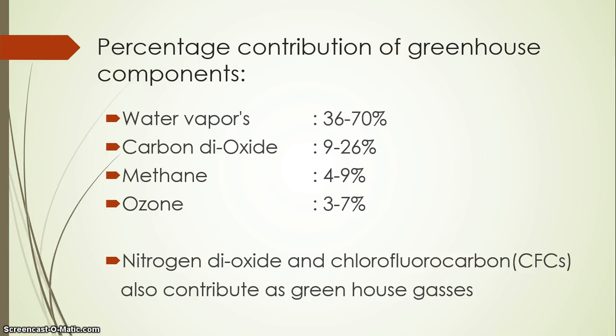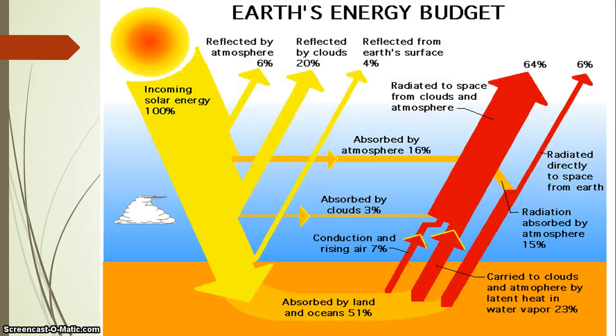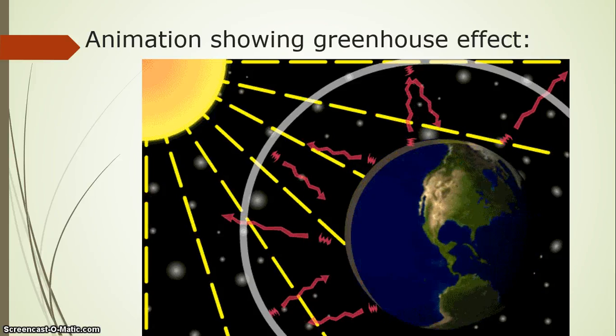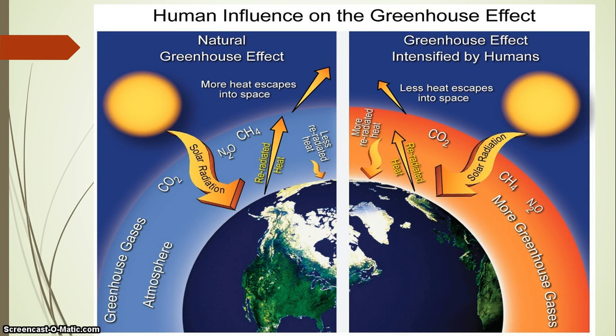Now, due to pollution and increasing carbon dioxide level in the atmosphere, it absorbs much of these infrared rays, and thus makes our planet not warmer but hotter. So in this way we can compare the human influence on the greenhouse effect.